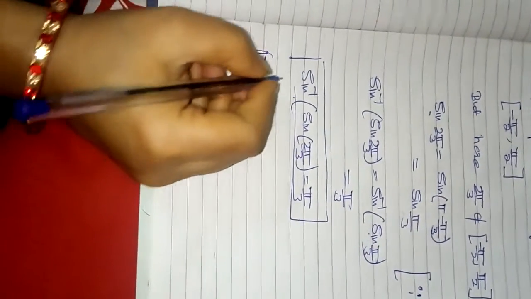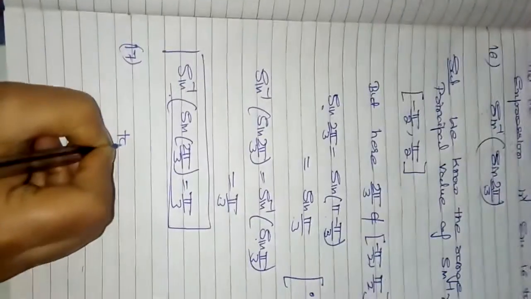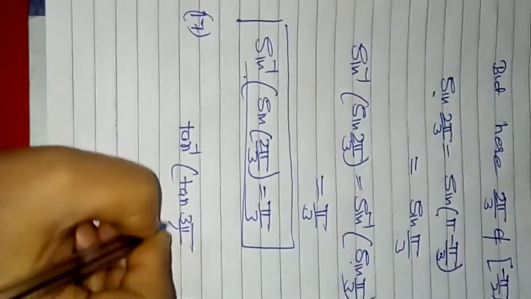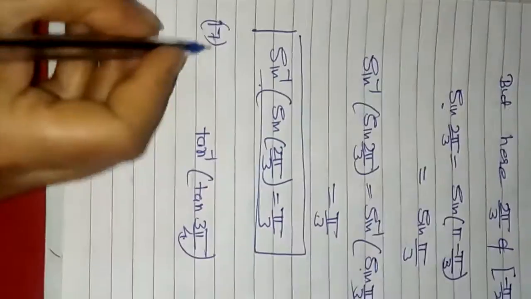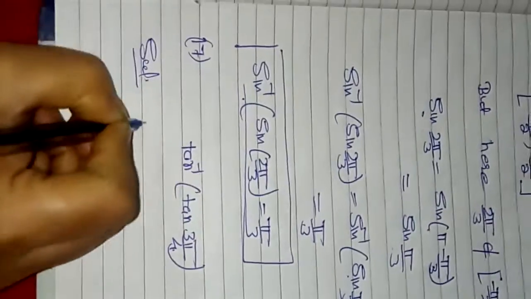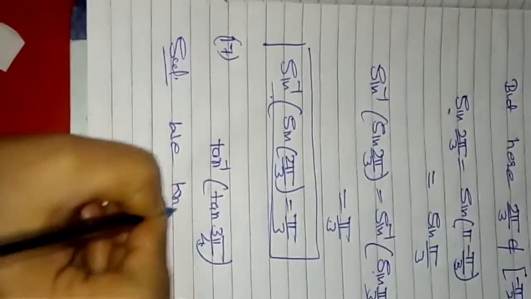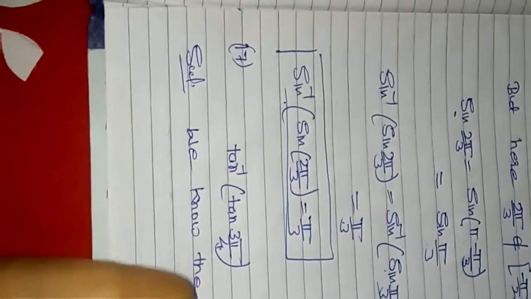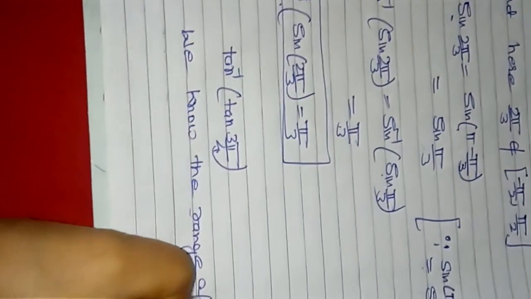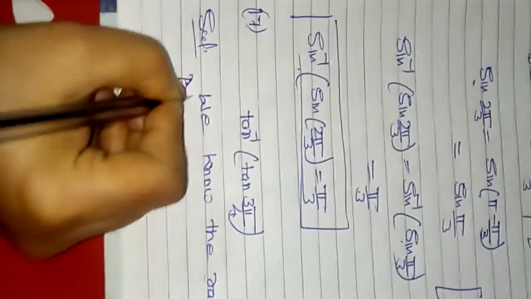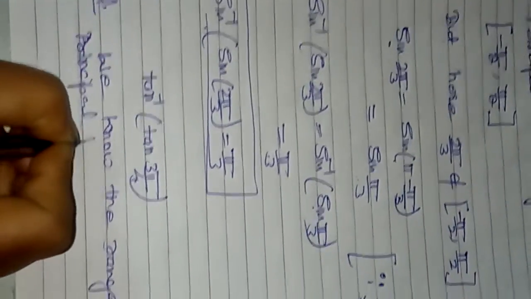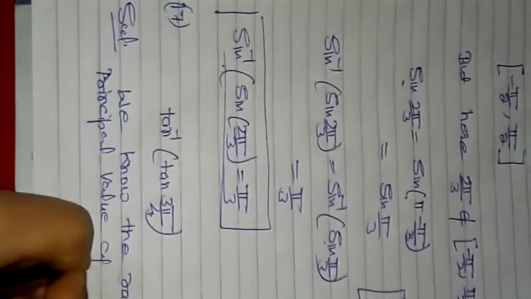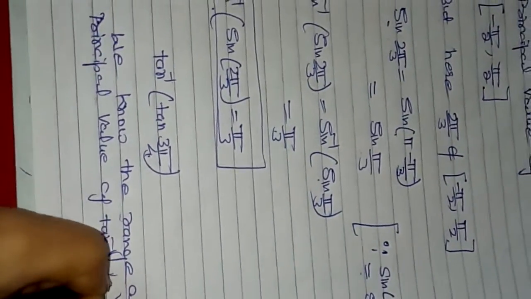In question number 17, what is given is tan inverse of tan 3 pi by 4. This expression is given. Now let us start the solution. We know the range of the principal value of tan inverse is minus pi by 2 to pi by 2.